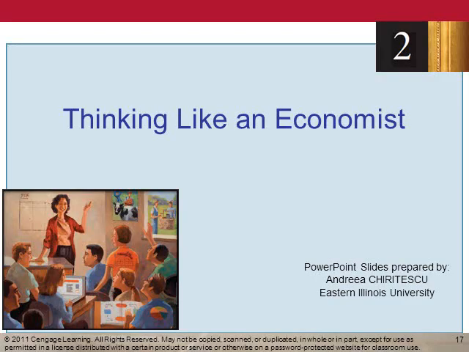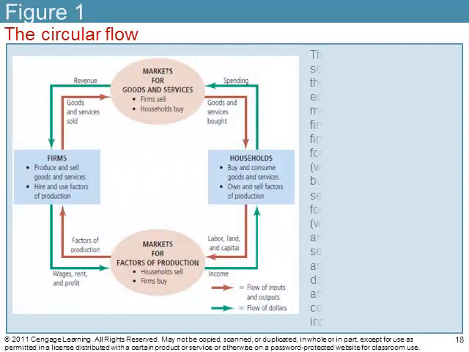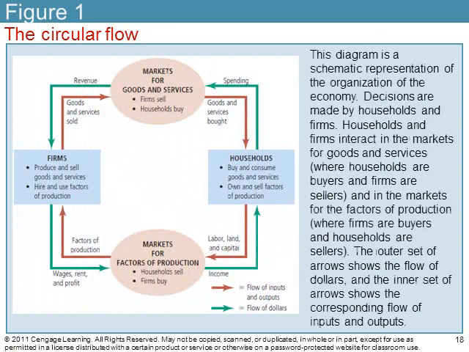Okay, so this is kind of a little introduction, and now a couple of ideas about what it is like to think like an economist. And you must have seen this circular flow that basically connects the firms and the families, the houses, if you want. So based on this, you see how the external square, if you want, is the flow of money.